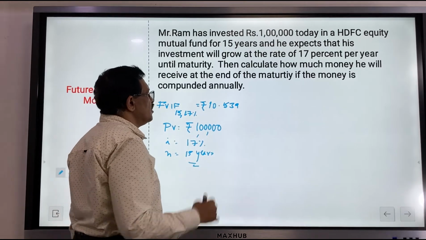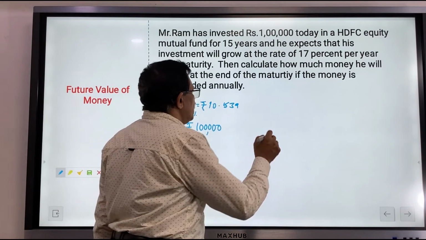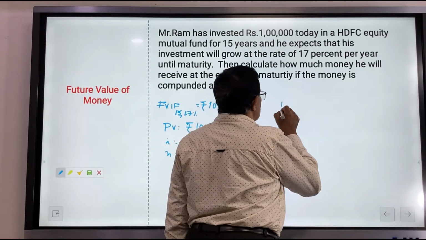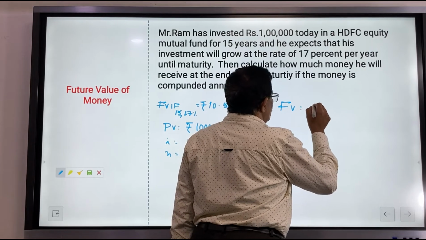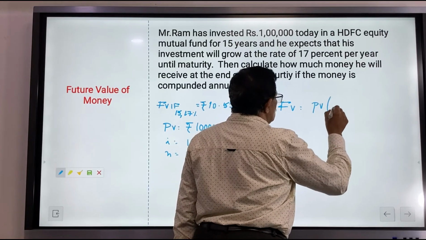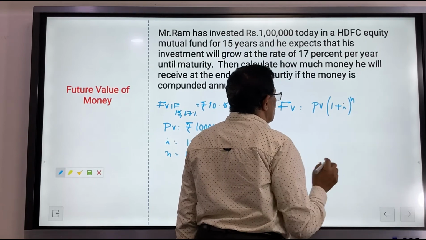In the ordinary case, you would take the formula where the future value is equal to the present value into (1 plus i) whole to the power n.